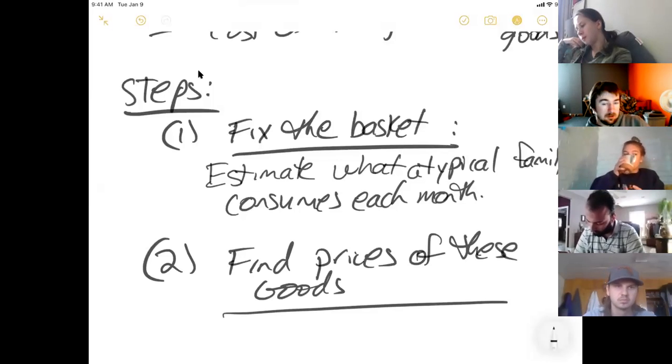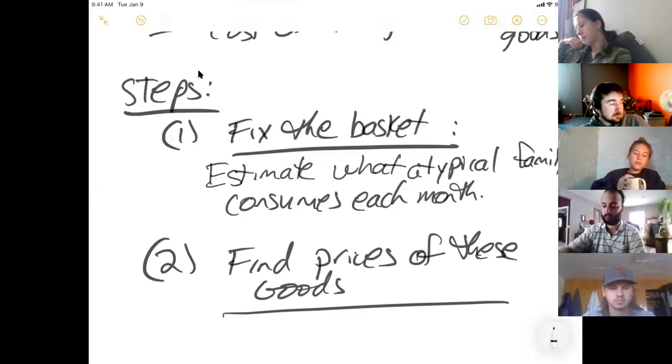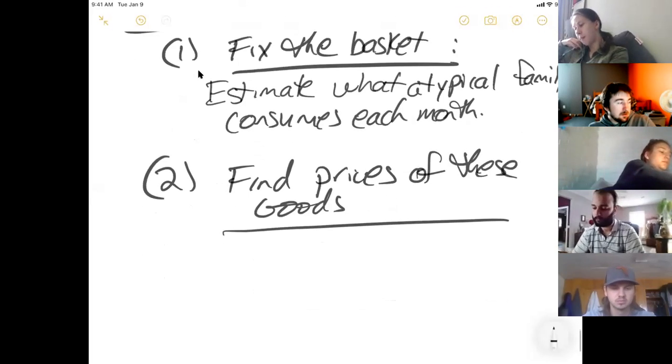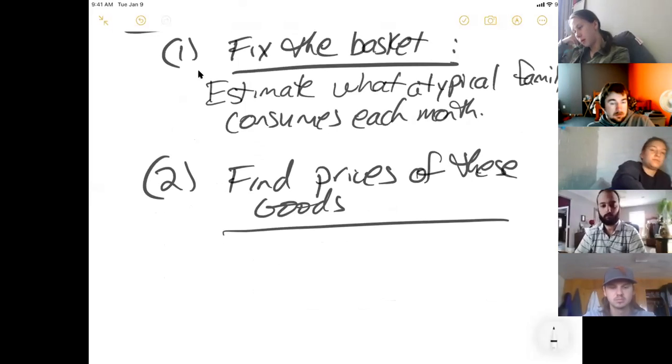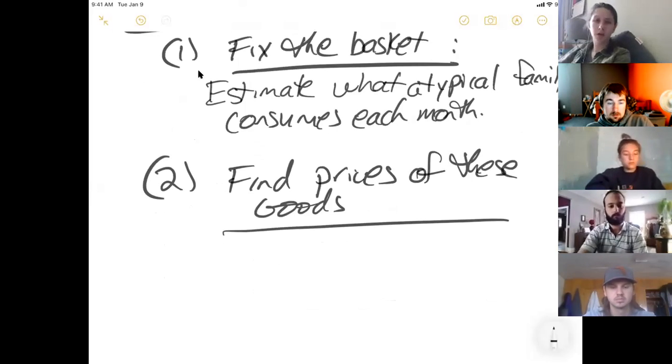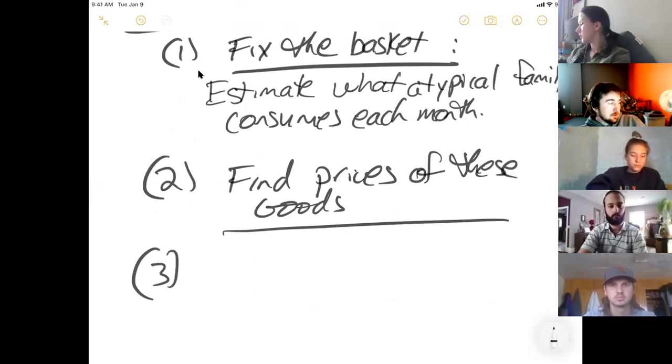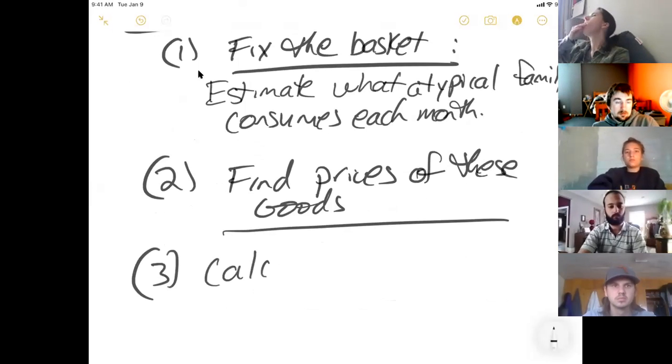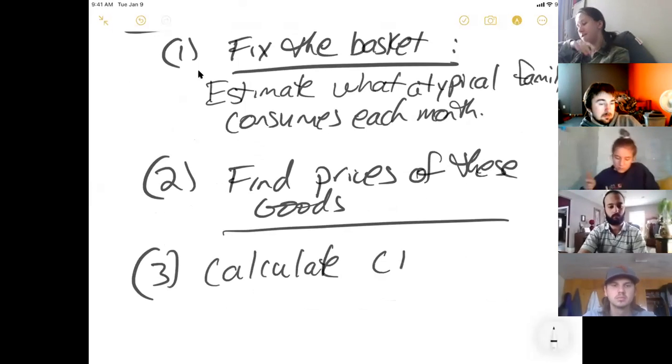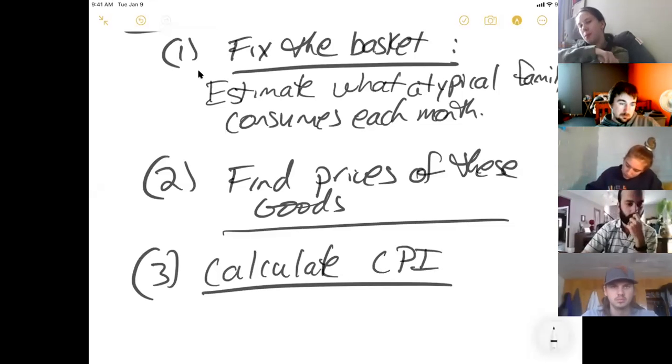So you want to find the prices of all that orange juice, all that gasoline, right? Find prices for rent and other measures of housing. Once you find the prices, then you can calculate the Consumer Price Index.